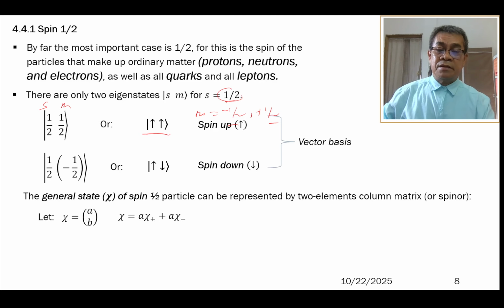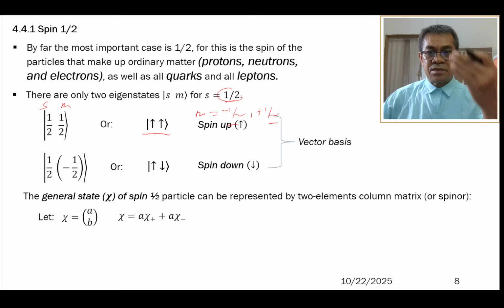So it can be written in mathematical statement as psi is equal to a times chi plus, the spin up, plus b. By the way, this is b, sorry, this should be b, times chi minus, meaning spin down.